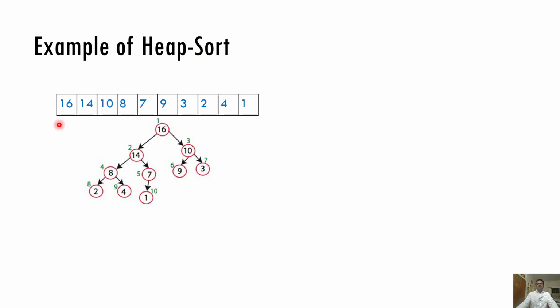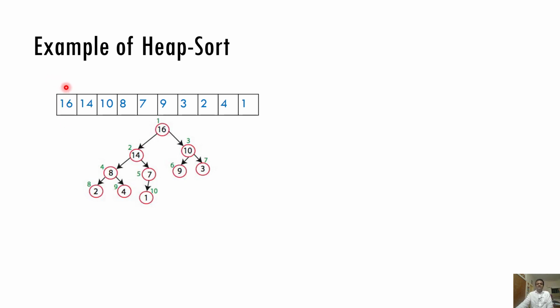Okay, so let us take this array. Suppose this is the input and we need to sort it. We want to use heap sort to sort it. So we consider this array as a heap. We can view this array as a nearly complete binary tree. We know the heap data structure. It is basically an array which is viewed as a tree.